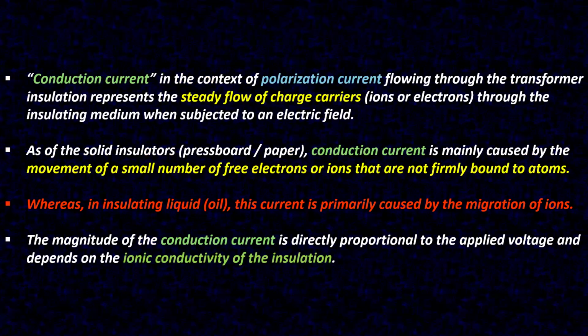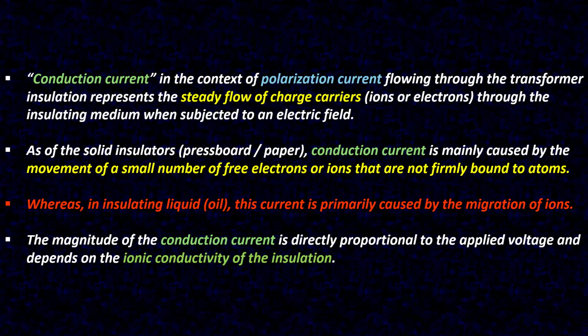Conduction current in the context of polarization current flowing through the transformer insulation represents the steady flow of charge carriers, that is ions or electrons, through the insulating medium when subjected to an electric field.